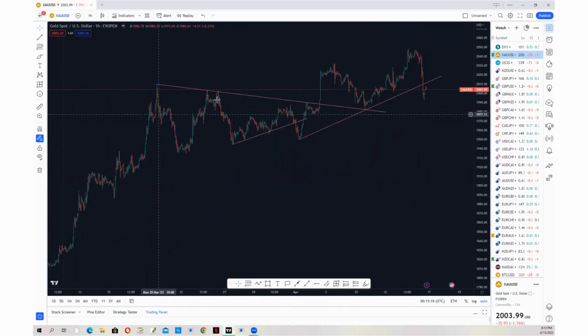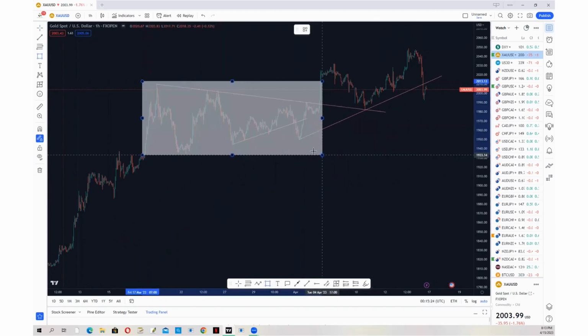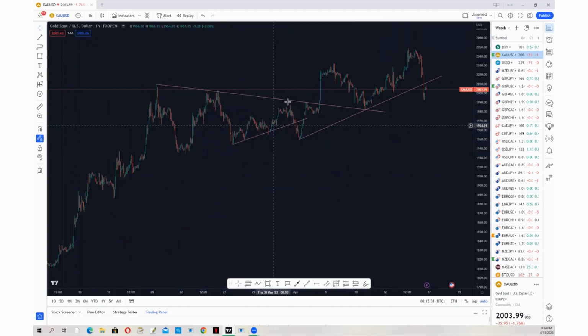Because right here is a bit of a consolidation area right in here. As you see, it wasn't breaking highs, wasn't breaking any lows. You wanted to see what was happening. You just threw a trend line in there at the top to say, okay, I'm using this trend line to see if we get a break above. You could as well use one at the bottom if you like, just to see.